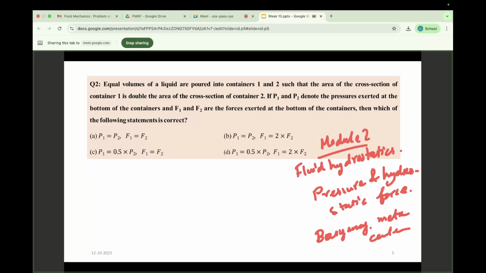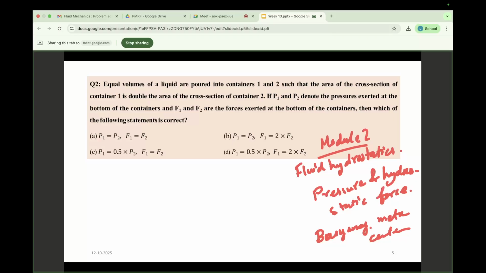The first thing in this chapter that we recall is Archimedes principle. What is basically this Archimedes principle? If a floating body is there, it will displace its own weight of the fluid in which it floats. Say if a body is floating and it has a certain weight W, it will displace W of liquid from its place.